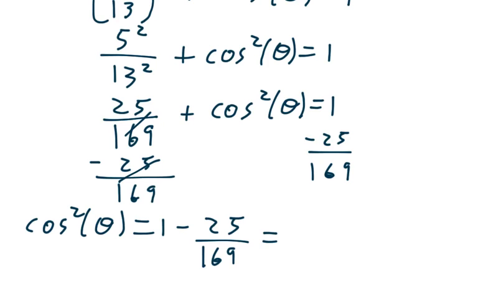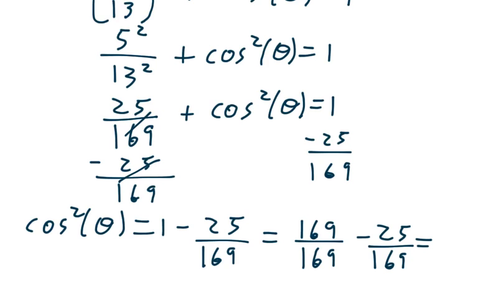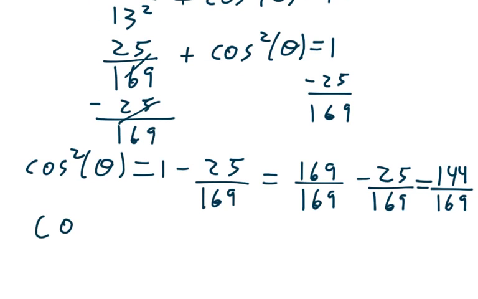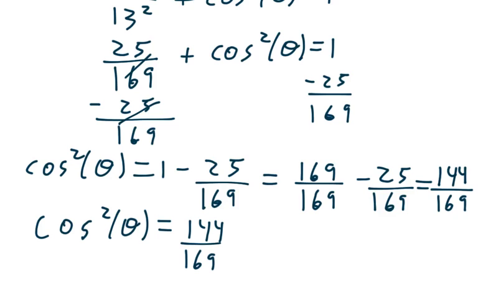And just like before, 1 is the same thing as 169 over 169 minus 25. And as before, I won't show the extra step, but we end up with this. And so cosine squared of theta is this quotient. So we have this now.